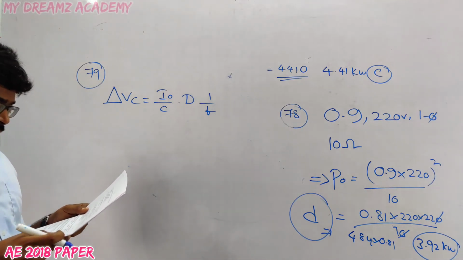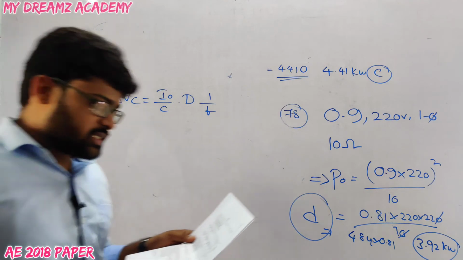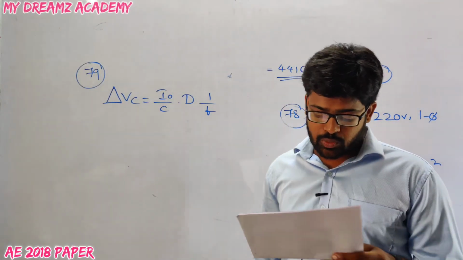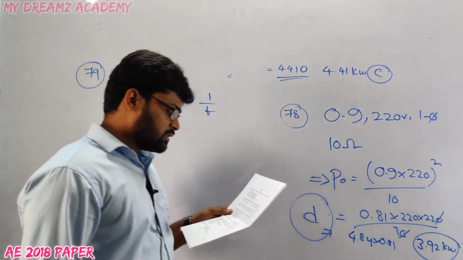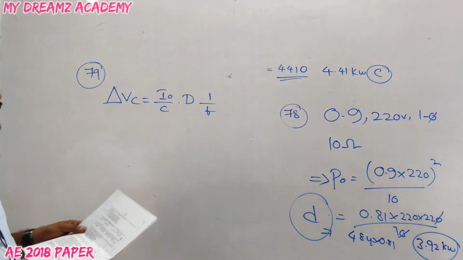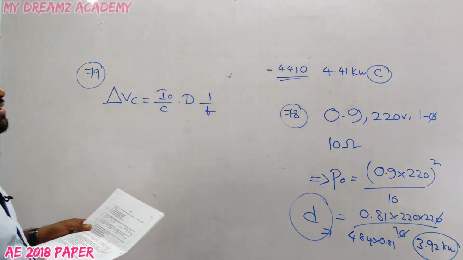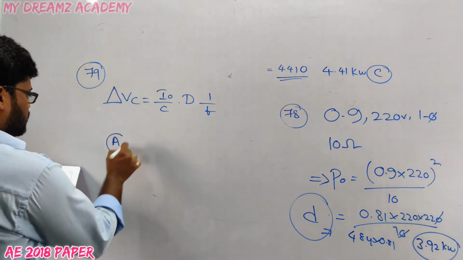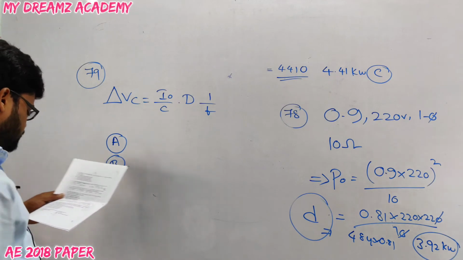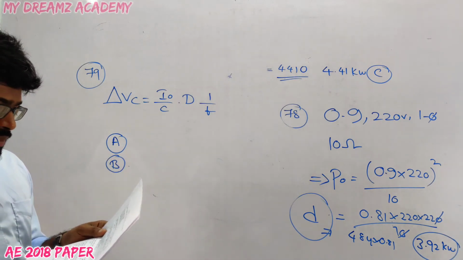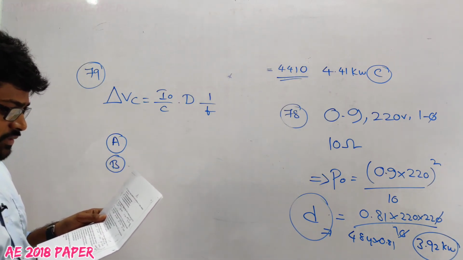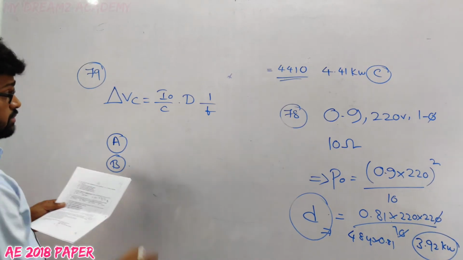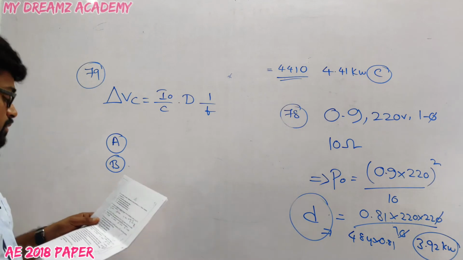The peak to peak ripple voltage of the capacitor. Option A: proportional to the difference of output voltage and input voltage. This is wrong. Next, option B: inversely proportional to the difference of output voltage and input voltage. This is also wrong. There is no relation between input voltage and output voltage in that question.